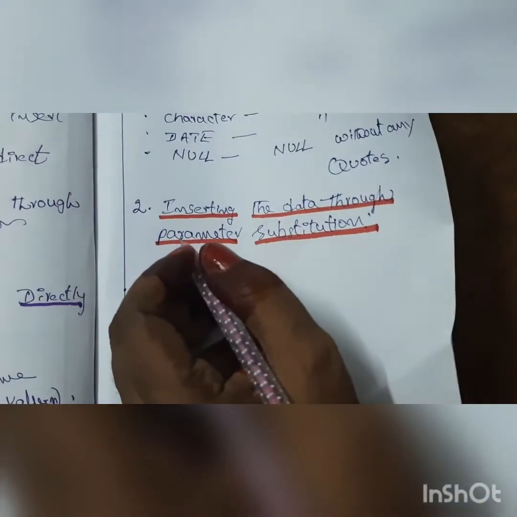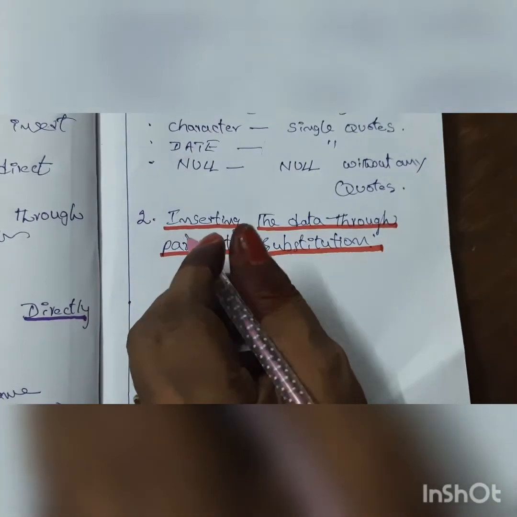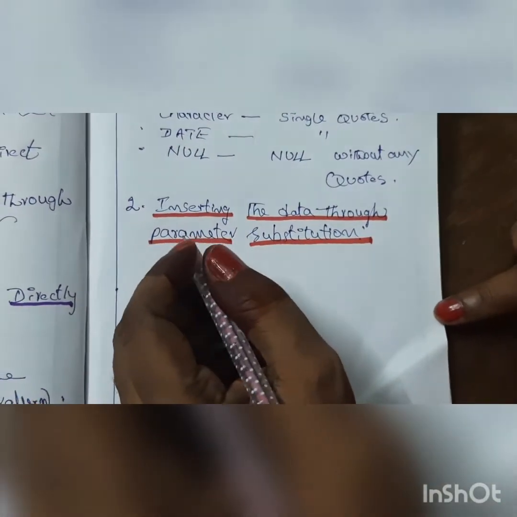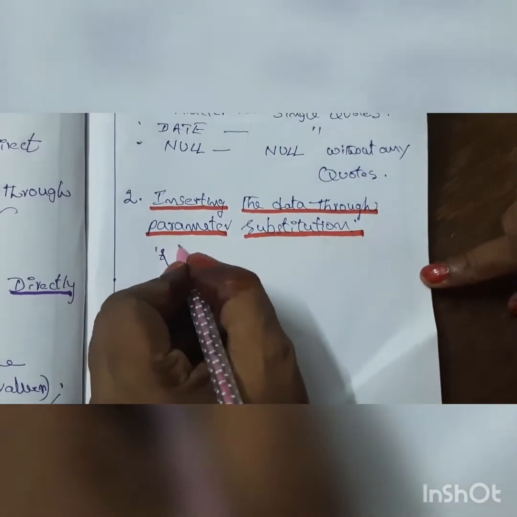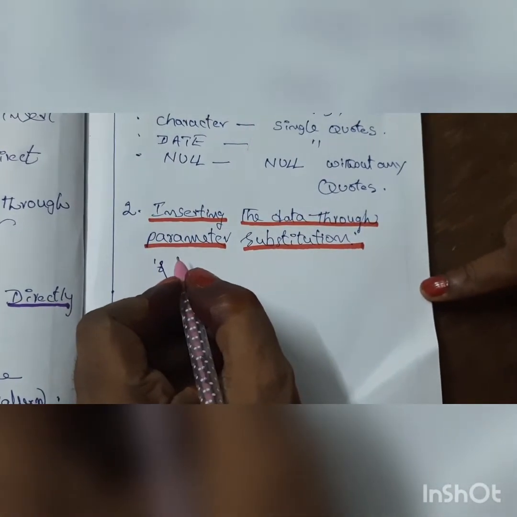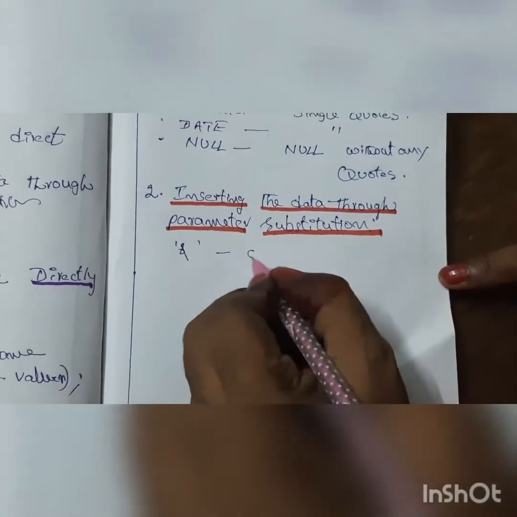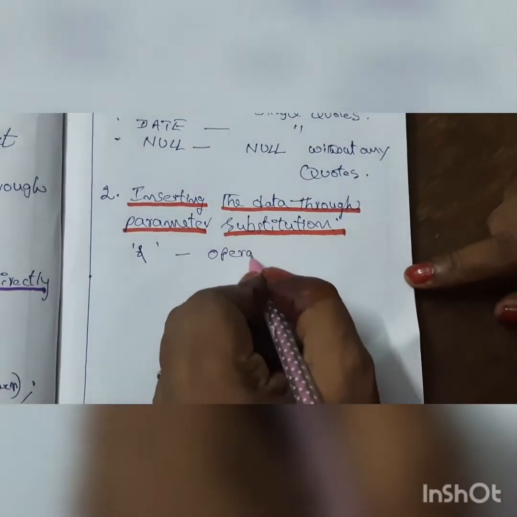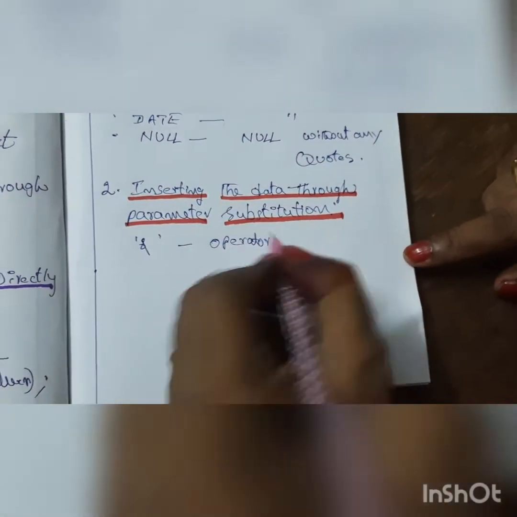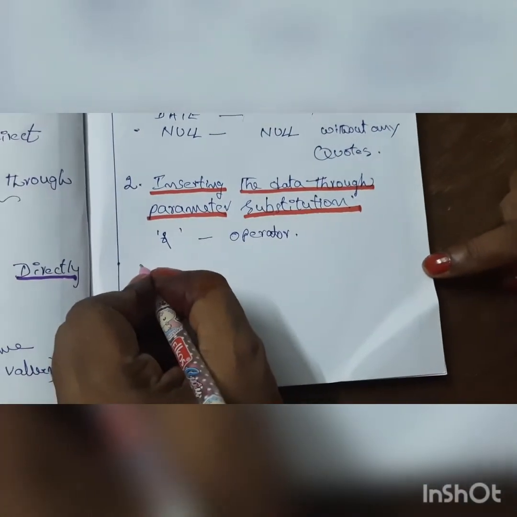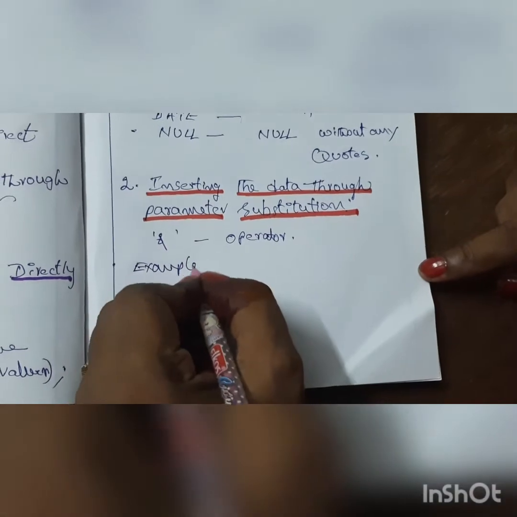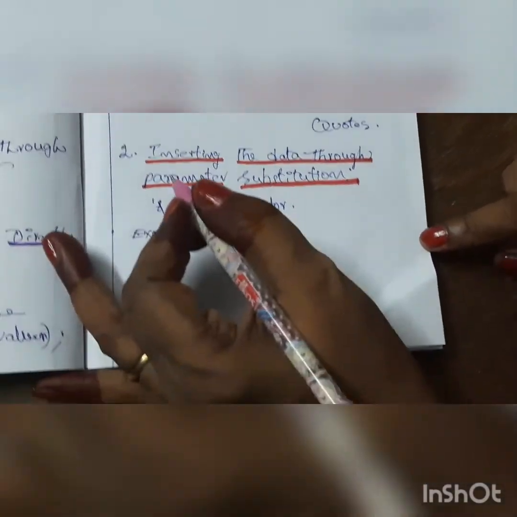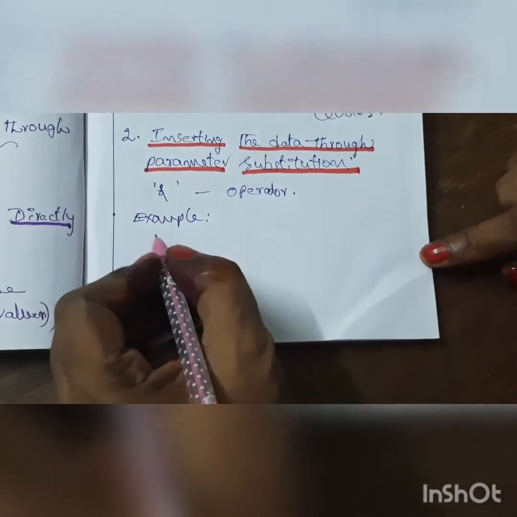Parameter substitution provides an easier way to enter data into a table. The ampersand symbol is used as a substitution operator. Syntax and example.